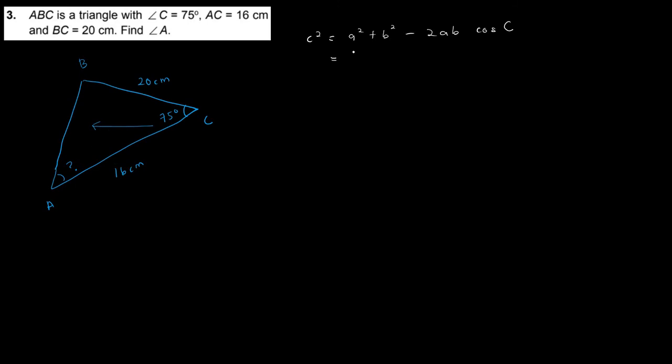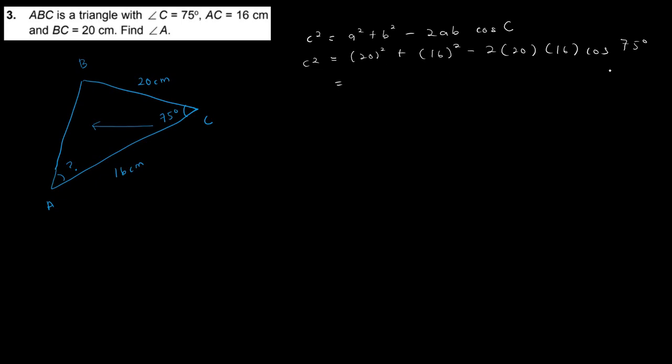C square equals A square, 20 cm, B, 16 cm, and the angle for C is 75 degrees.